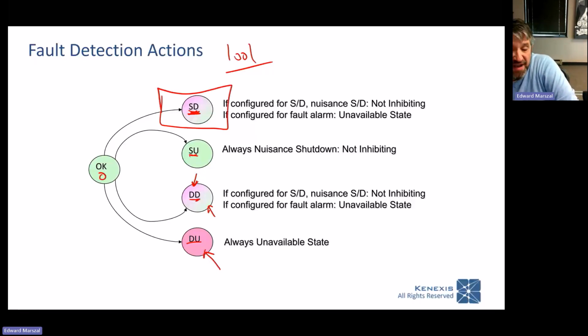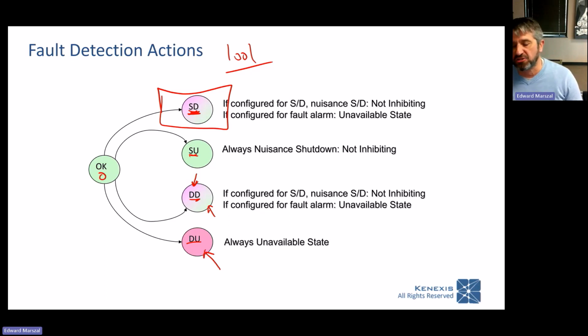So if a safe failure is detected on a transmitter, there's a very good chance that you can convert that safe detected failure into a dangerous failure by not shutting down the plant, by throwing up the alarm and telling maintenance to go fix it.